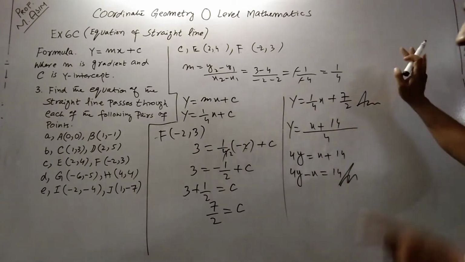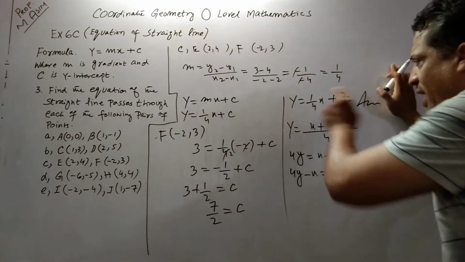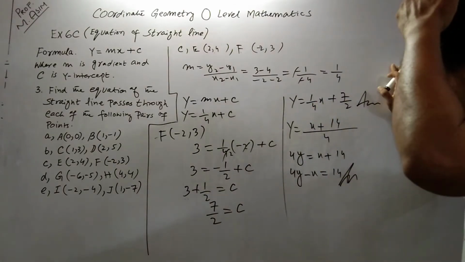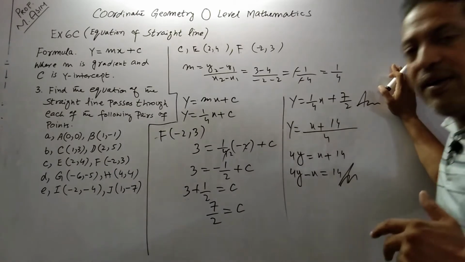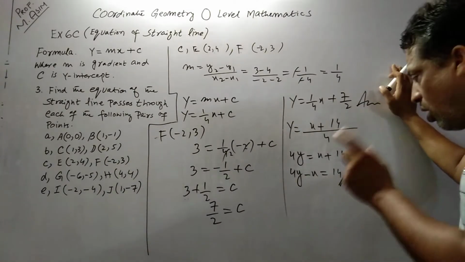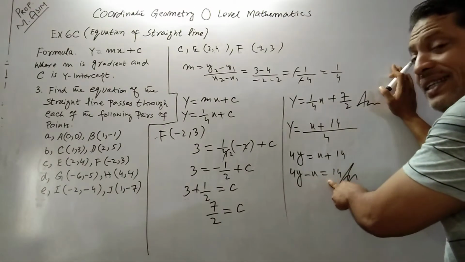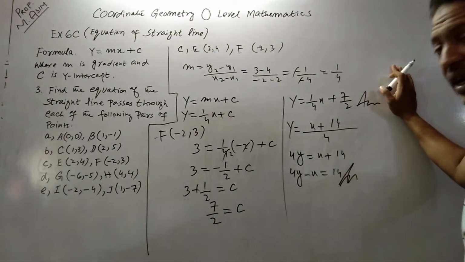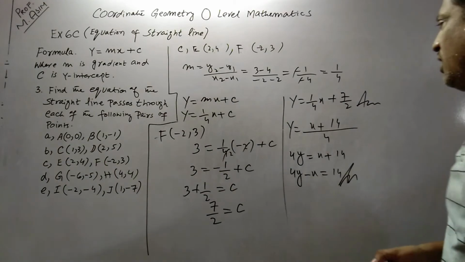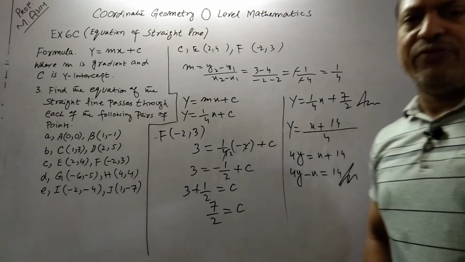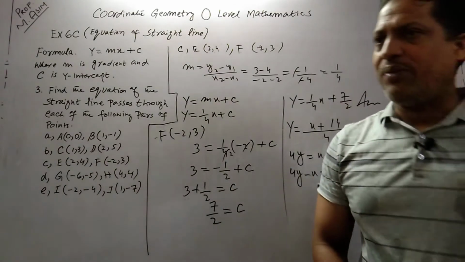So if a student writes y = (1/4)x + 7/2, he will get full marks. Or if a student writes the answer in this form, 4y minus x = 14, he will get full marks. So no matter if you write the answer in terms of fraction or in linear form.